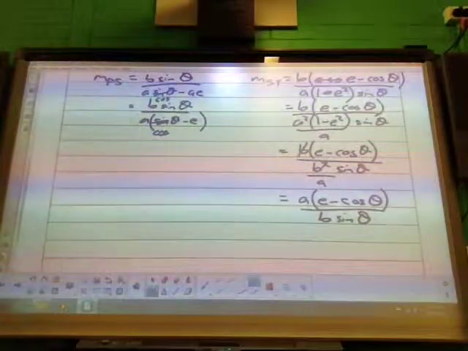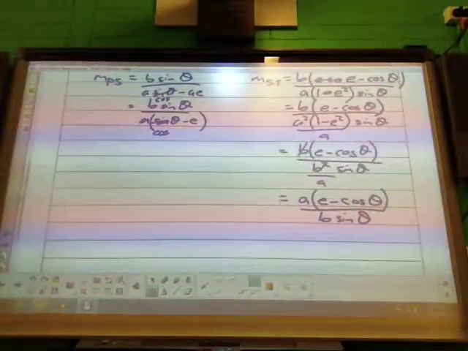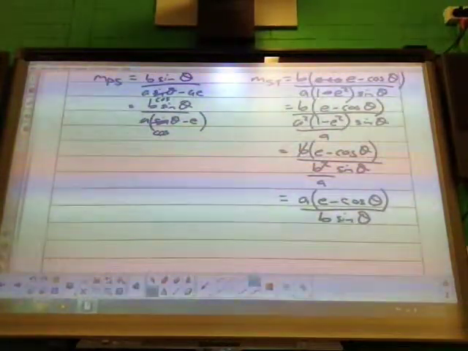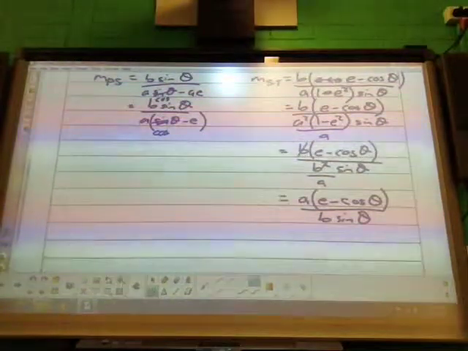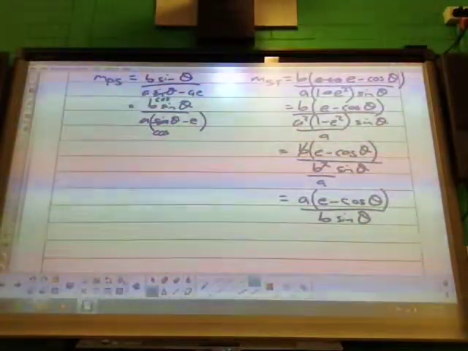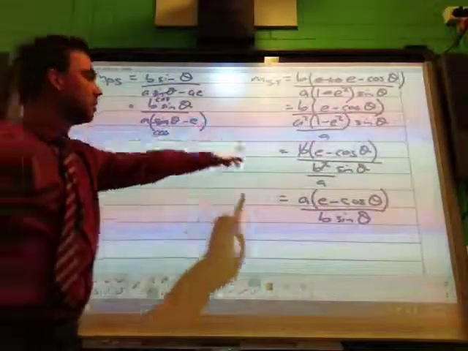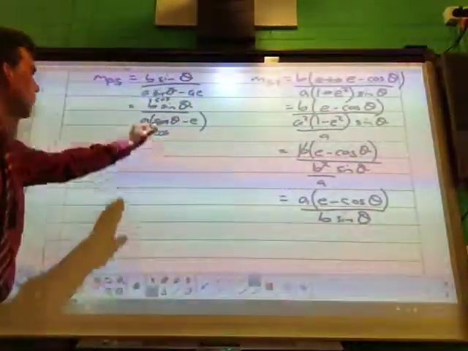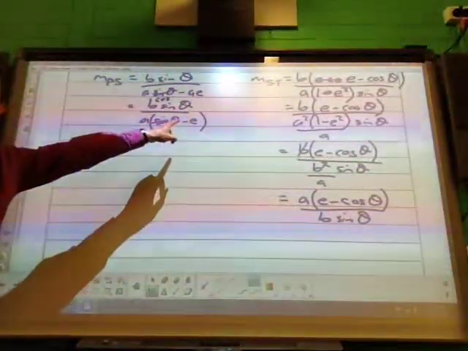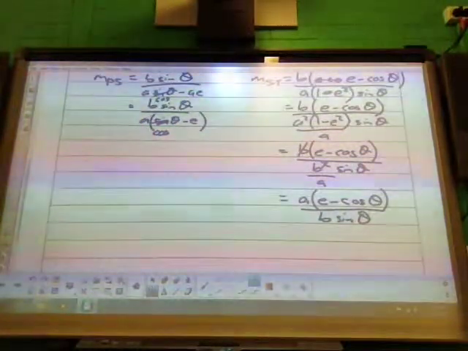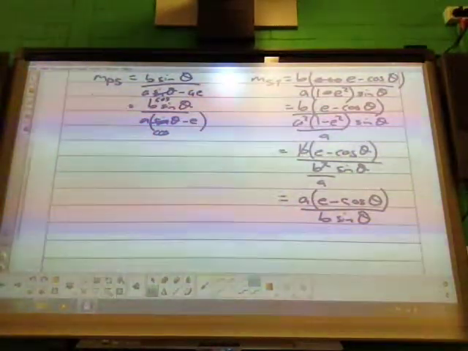So, alright, and then can we see that if we multiply these two fractions, because this is e take away cos theta, this is cos theta take away e, alright, you're going to get -1 when I multiply them together.